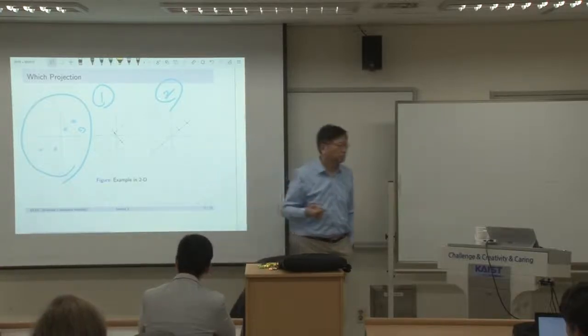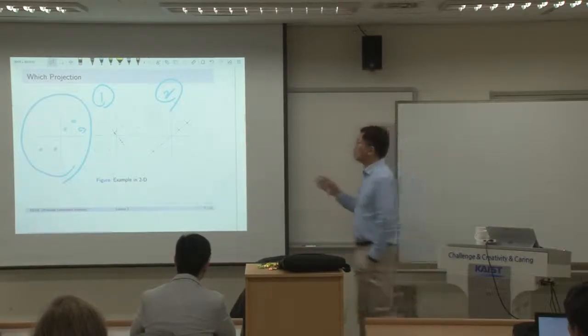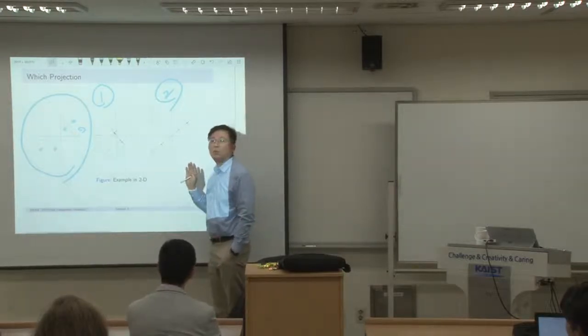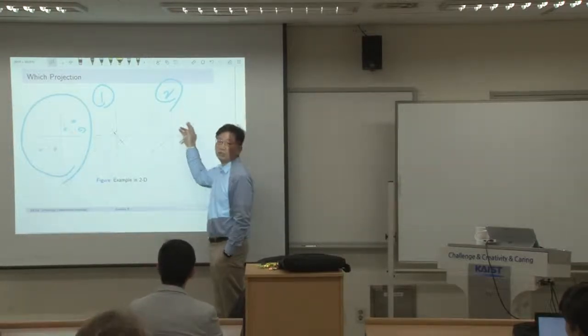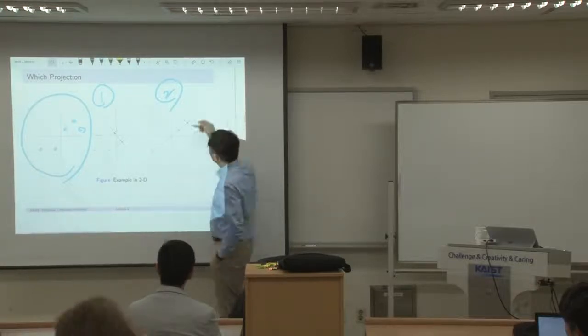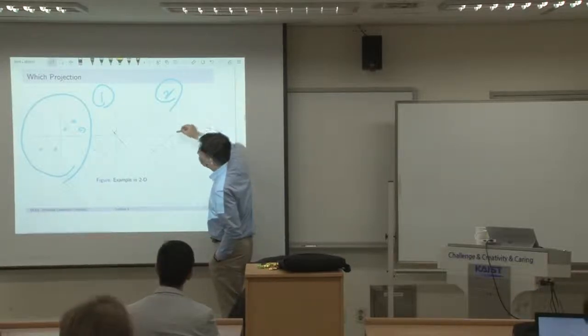So the loss will be determined by this. From this coordinate system, if you project it, you want to reconstruct this information, right? How far are you? So this is the reconstructed point on this two-dimensional space.